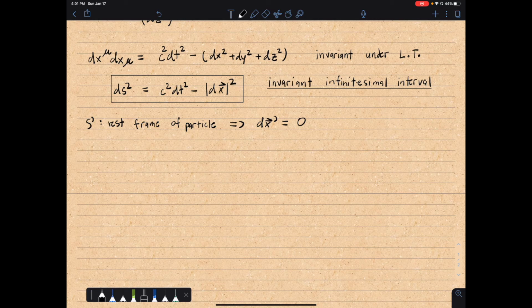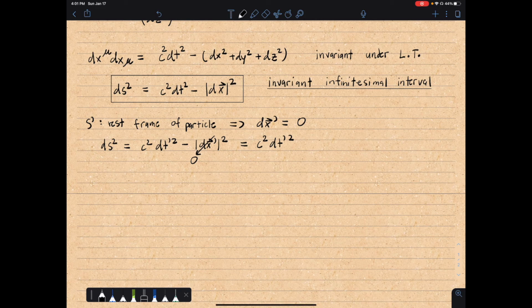So next, let's compute the invariant infinitesimal interval defined here for the particle in this S prime frame. The dx prime is 0 from above, so this term will go to 0, and we'll be left with c squared dt prime squared.